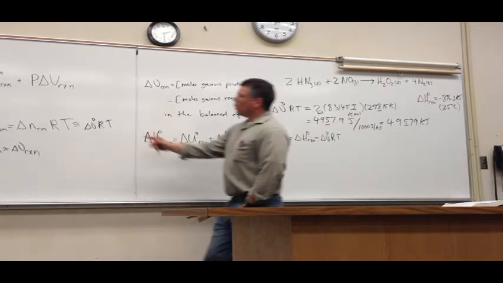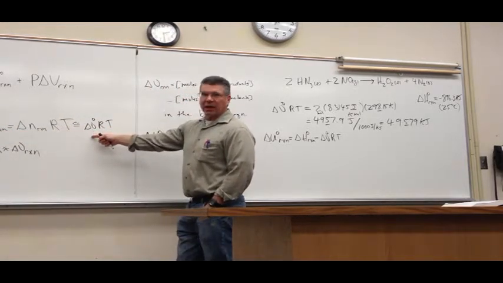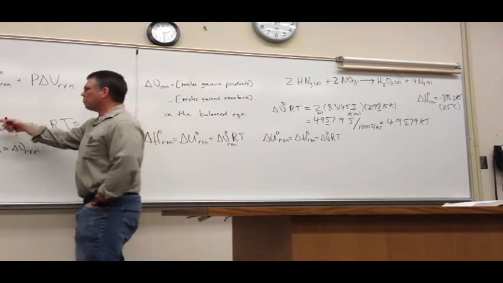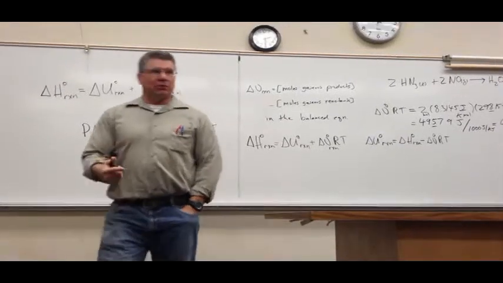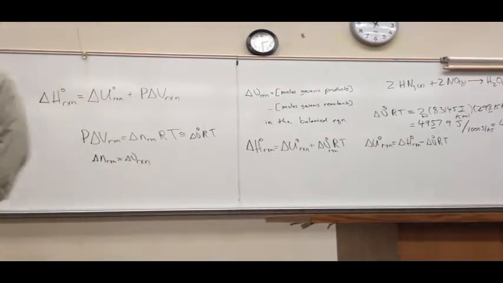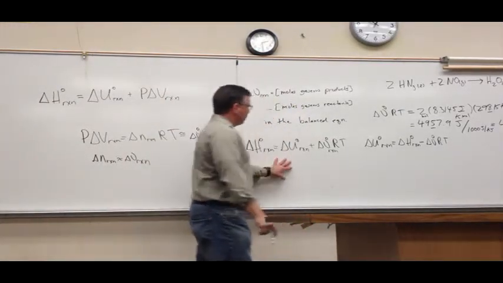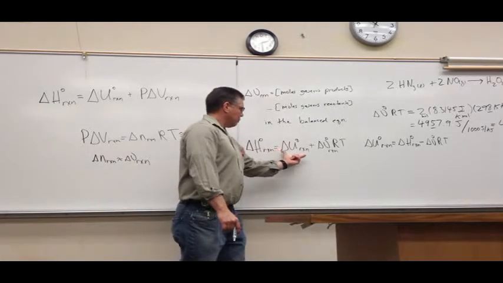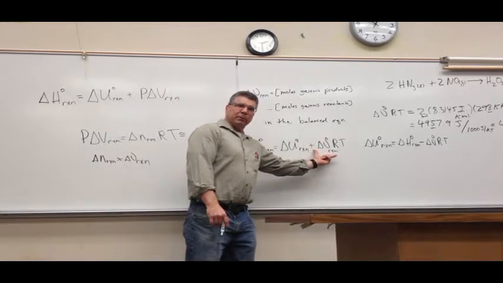So, one way, if you look at this over here, what we just calculated was this, delta nu RT, which is approximately equal to P delta V. P delta V is just negative the work, right? PV work. So in this energy balance here, the change in enthalpy is going to be equal to the change in internal energy plus the work, right?